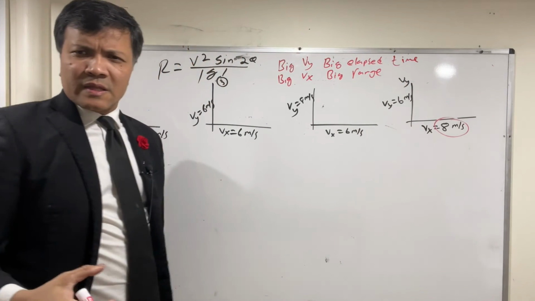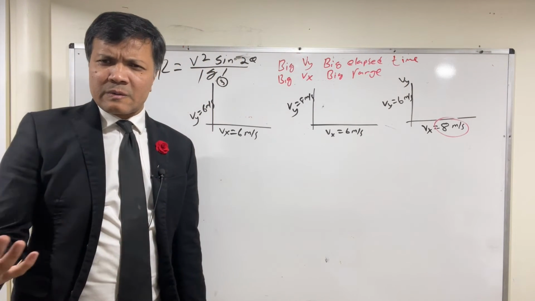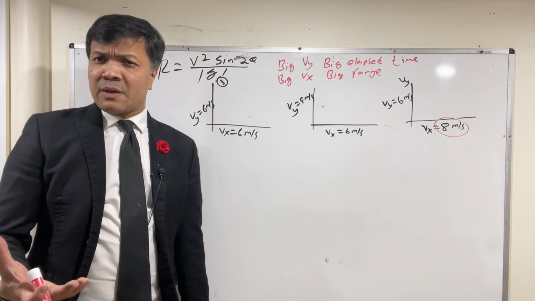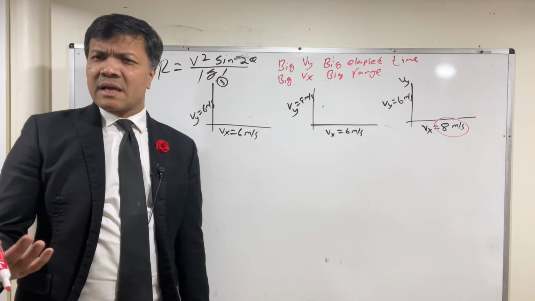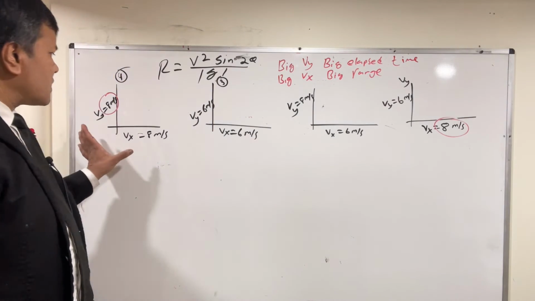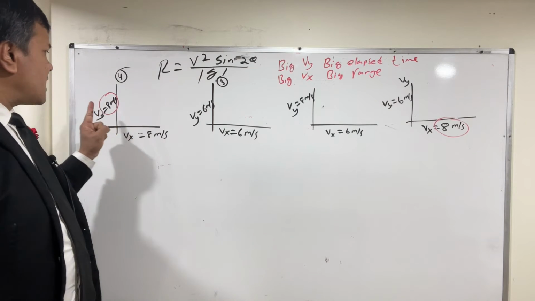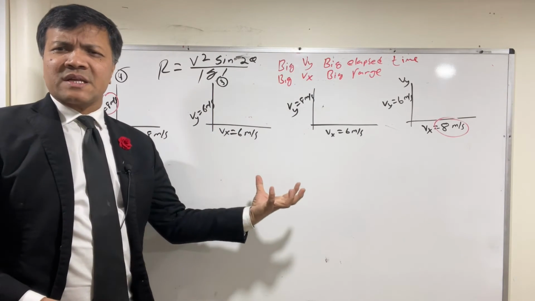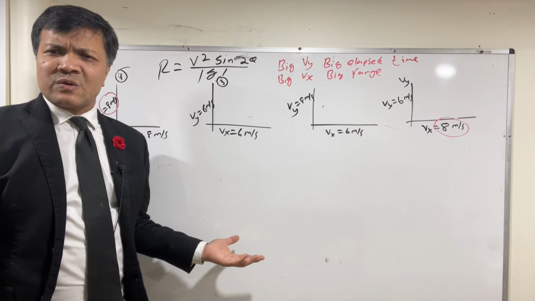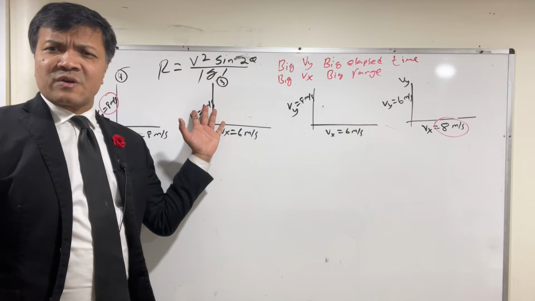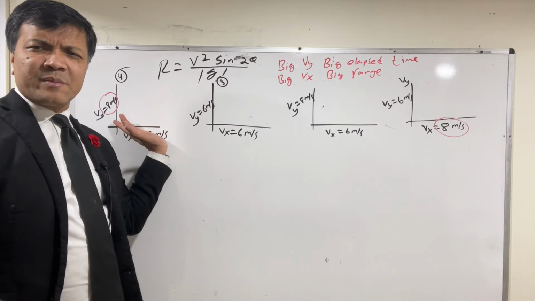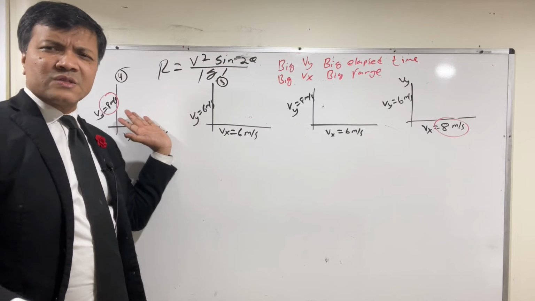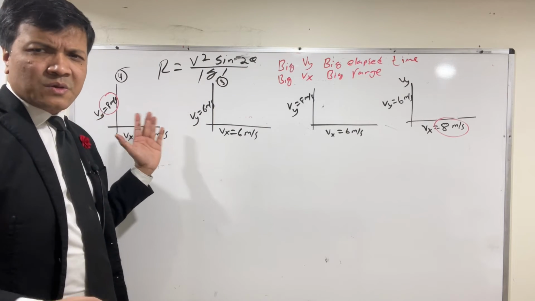So that one with big X is going to have big range, and big Y, big elapsed time. That means you know this one, and tangent Y over X is 8 over 8, which is 1, which is 45 degree. So 45 degree, you know that gives you maximum range. This is also 45 degree, but this one is a little bit better than this one. Why? Because this one is smaller and this one is bigger, so this one is going to be much better.